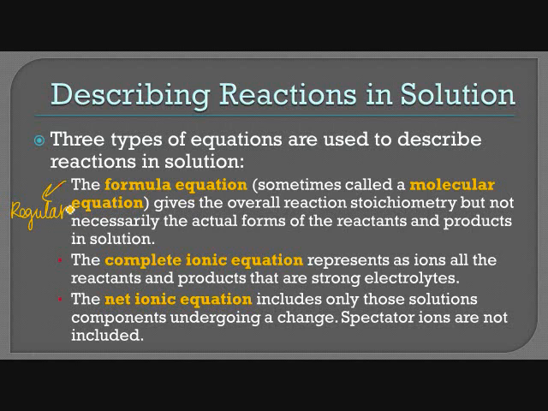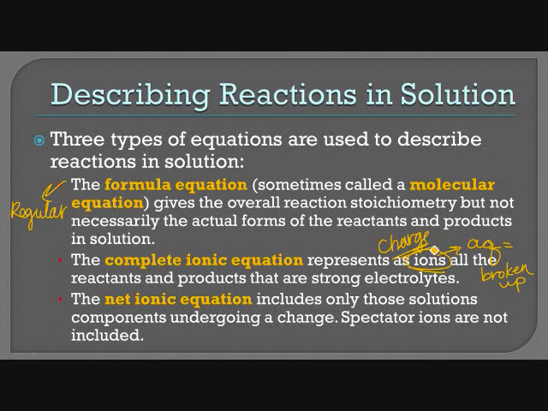AKA, as ions, means that anything that is aqueous gets broken up. And since it is an ion, it needs a charge. This is something that I was very much a stickler about in Chem 1: if it's an ion, you have to have a charge on it. We were doing a pretty good job this year so far, so let's keep that up.